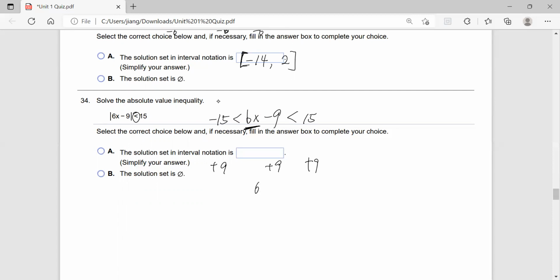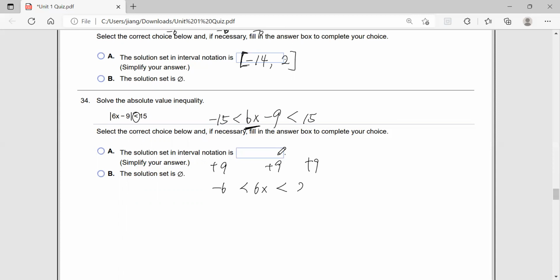We have 6x is greater than, this one should be -6, and less than, so add 9 here is 24. Divided by 6, x is greater than -1 and less than 4. So interval notation is -1, 4.